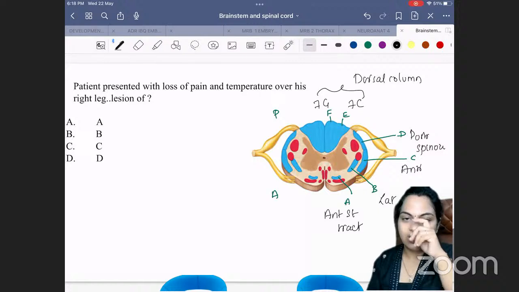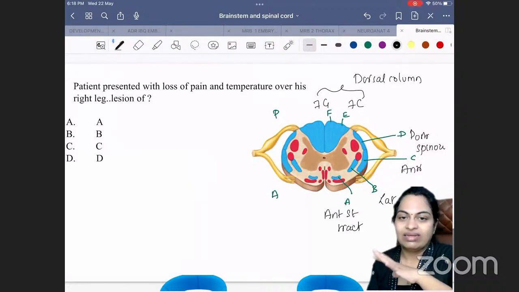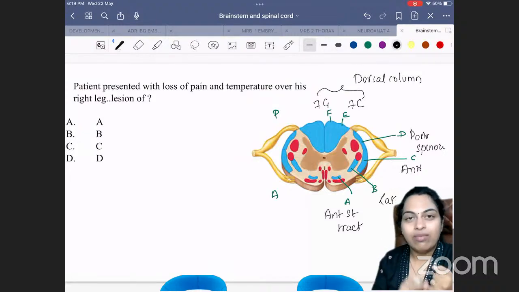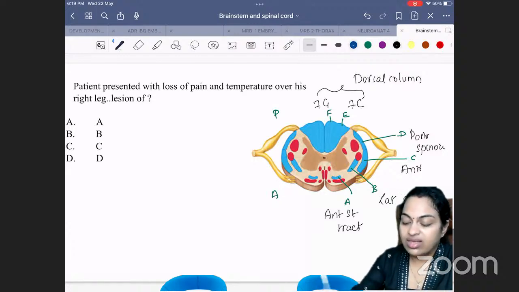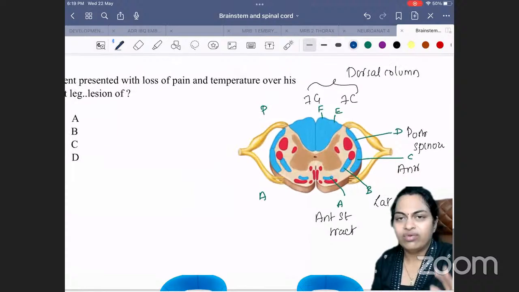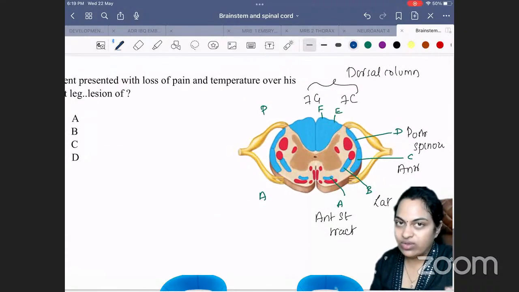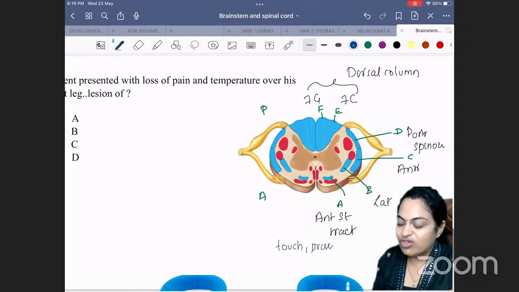Now coming to the question. Patient presented with loss of pain and temperature over his right leg. Now the name of the tract, the location of the tract, and what is the next thing you should know? The function. Can you tell me the function of these few tracts? Anterior spinothalamic tract is going to carry what sensation? Touch and pressure.